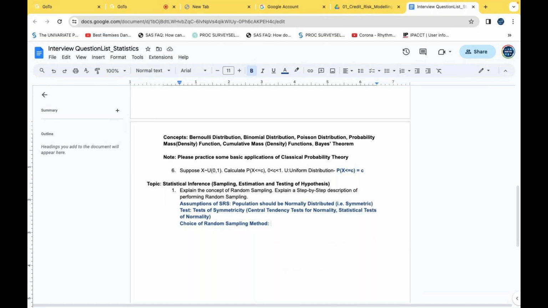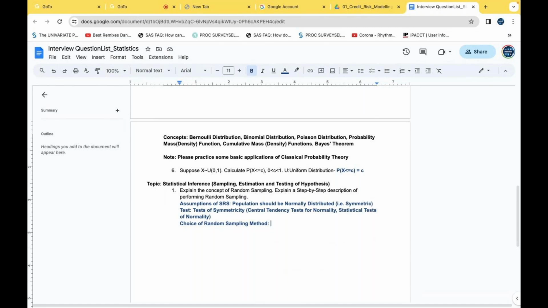Let's say I have a population of 1 lakh observations, and I keep on creating samples of 100. I create 1,000 samples of 100 observations. On all those 1,000 samples, if I compute the sample mean and take the distribution of that sample mean, it will be closer to the population mean than if I take only 10 samples and compute that mean.